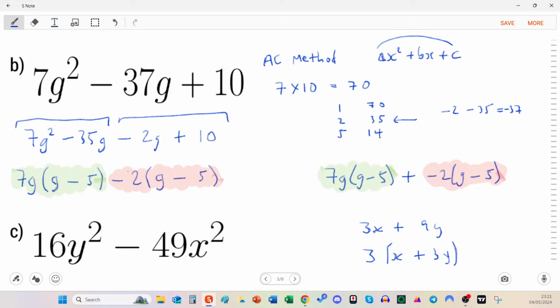And in our case, what they have in common is a g minus 5. So g minus 5 is going to come out, and we're going to divide everything by what we take out. So what we're left with is 7g negative 2, which is kind of like the two numbers that are not in the brackets, but that's the way it works every single time.